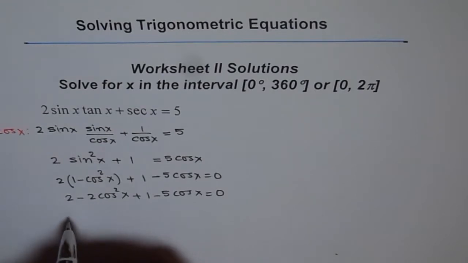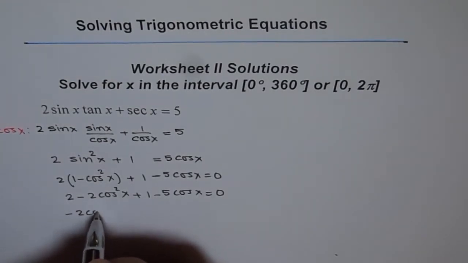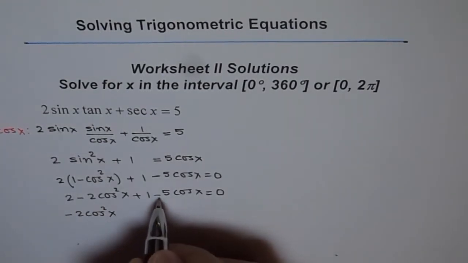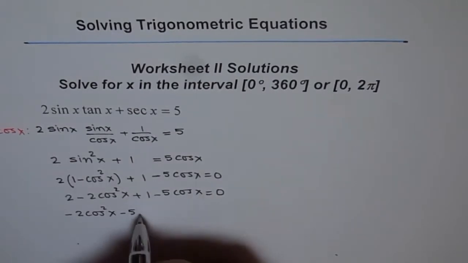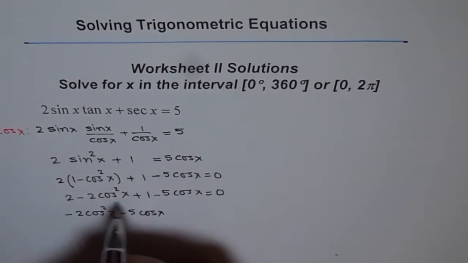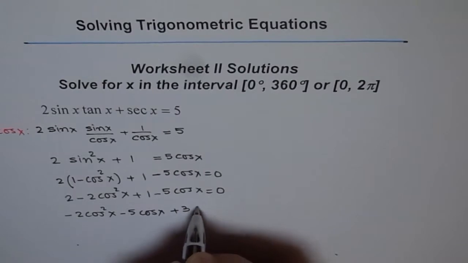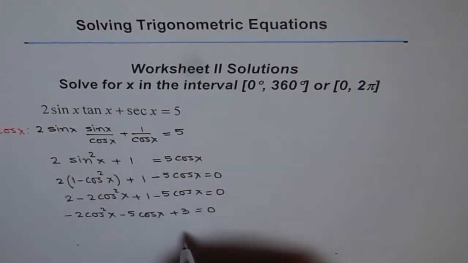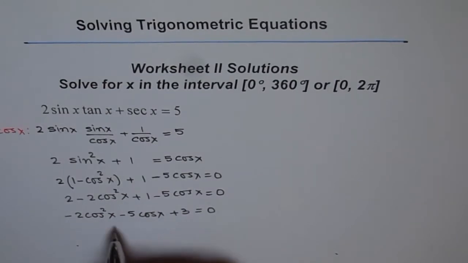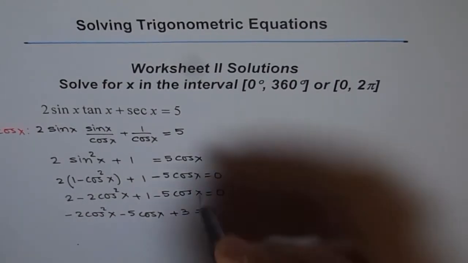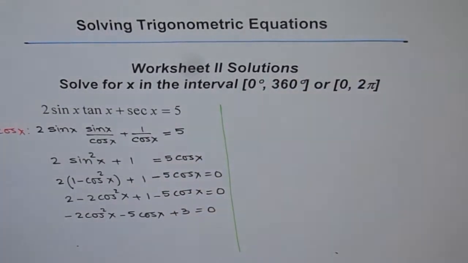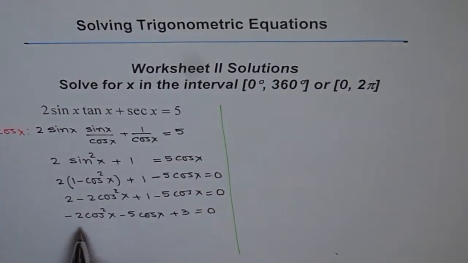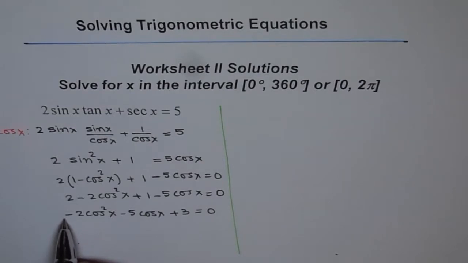Let me first write minus 2 cos square x minus 5 cos x plus 3 equals 0, right? Now that is a quadratic equation, and we can rearrange and factor it, correct? So let me take all this to the right side and do the rest of the solution. I'll make this positive, multiplying by negative 1 on both sides.